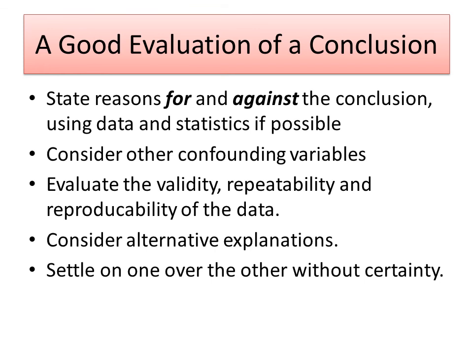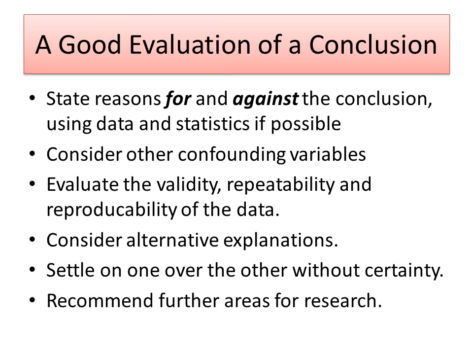Do settle on one over the other, but don't include any certainty. So if you decide that you favour one conclusion over another, then it's okay to say that. But please try to include a level of uncertainty in your answer, because you're showing that you can take the data into account. And therefore that would perhaps lead us on to recommend further areas for research which might remove some of the uncertainty from your mind.